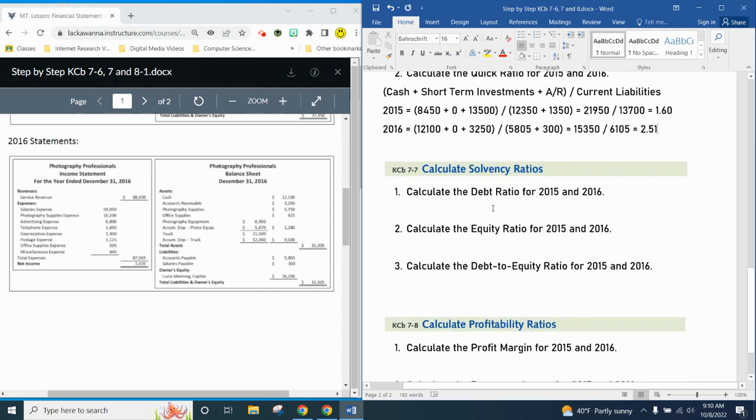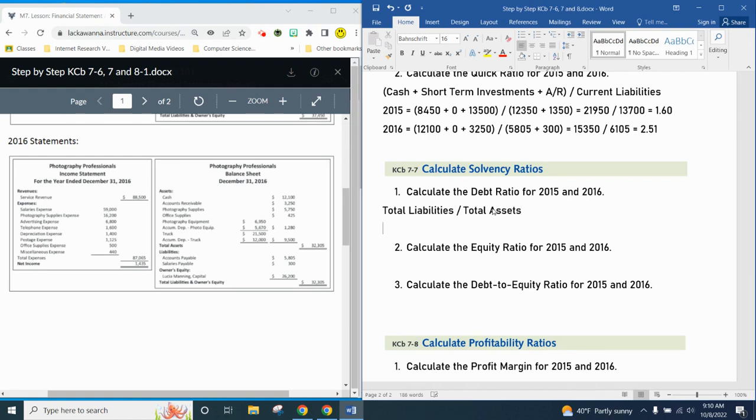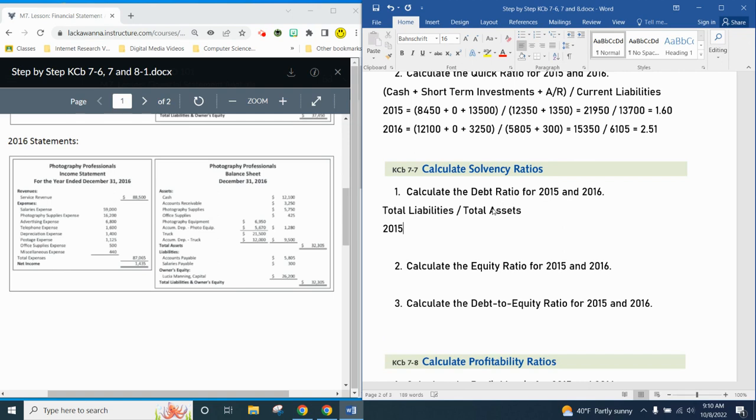The next question asks about our solvency ratios. The first one is the debt ratio, and that one is total liabilities divided by total assets. For 2015, our total liabilities are going to equal, oops, I'm on the wrong statement. Let me try that again.